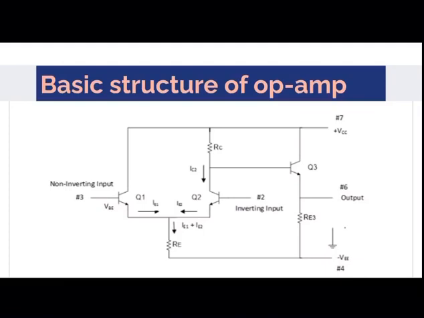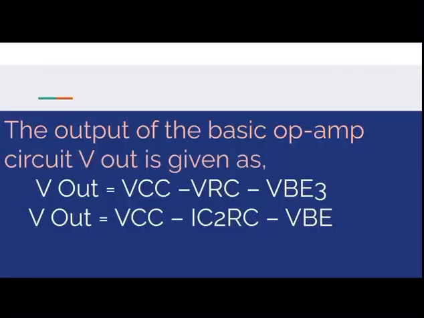The output of the basic op-amp circuit, Vout, will be given as Vout is equal to VCC minus VRC minus VBE3, and Vout is equal to VCC minus IC2 RC minus VBE.